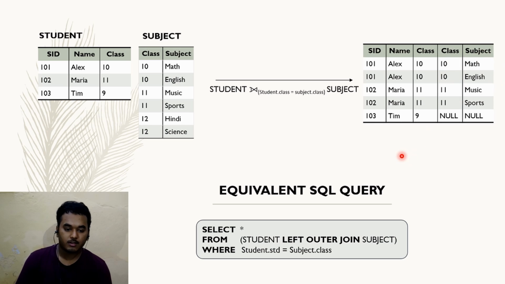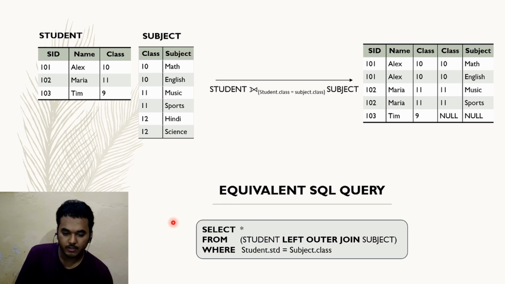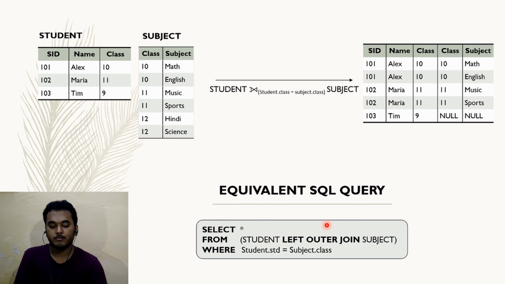But since this last tuple doesn't have a matching tuple in the subject relation, null values are displayed here. The equivalent SQL query would be like this. The left outer join is the keyword to perform the left outer join operation with this as the joining condition.